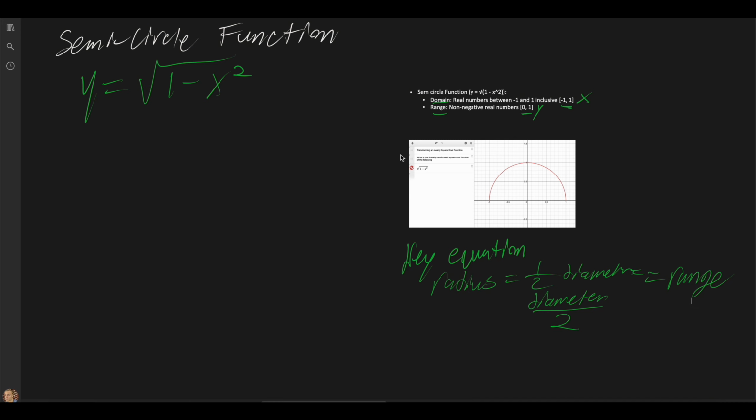And now, in this case, if we were to have a positive semicircle, it would be denoted as this. But if we were to have a negative semicircle, it would typically be denoted by this: y is equal to negative square root 1 minus x squared.